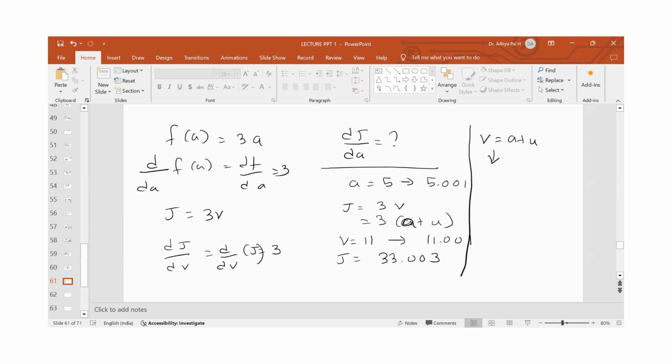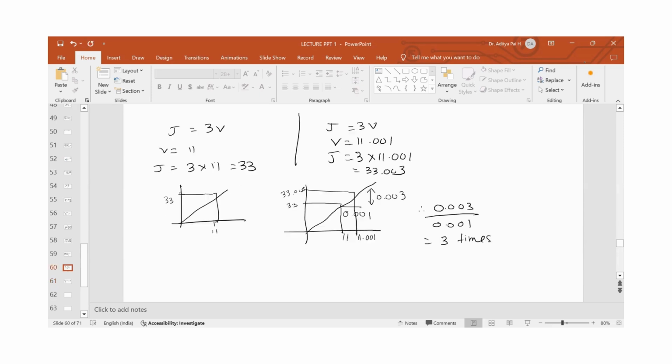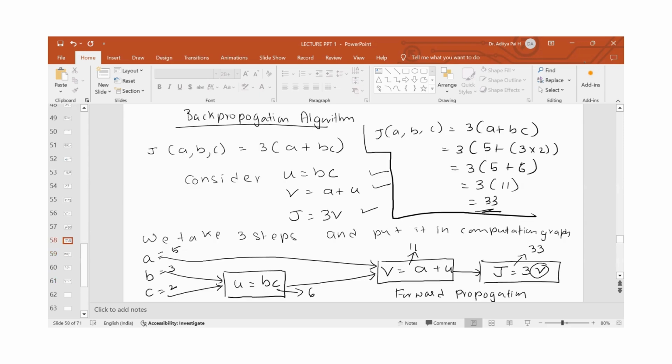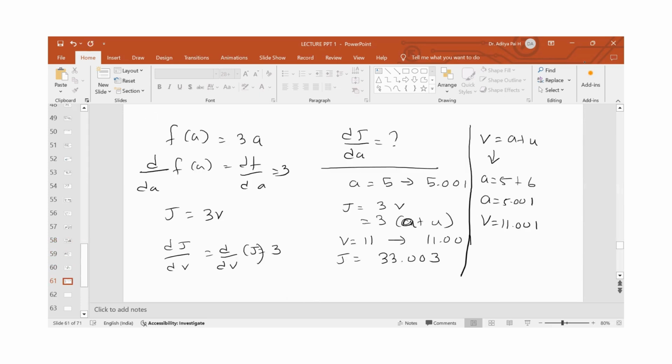Now if the value of A is equal to 5, and if it is changed to 5.001, then your V value will be equal to 11.001, because what is your U value? U value is nothing but equal to 6. You can see that the value of U was 6. So this is nothing but 11.001.